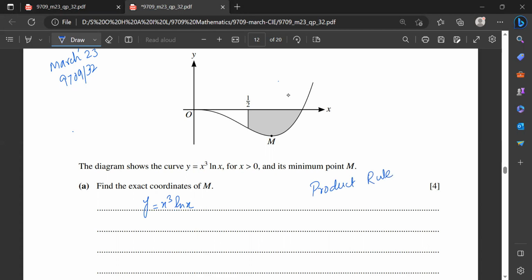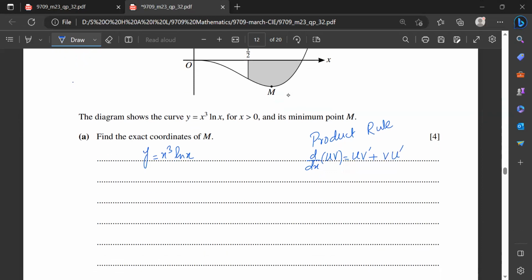If there are two functions u and v, the rule states that uv dash plus vu dash. Here let us take u equals x cubed and v equals natural log of x.